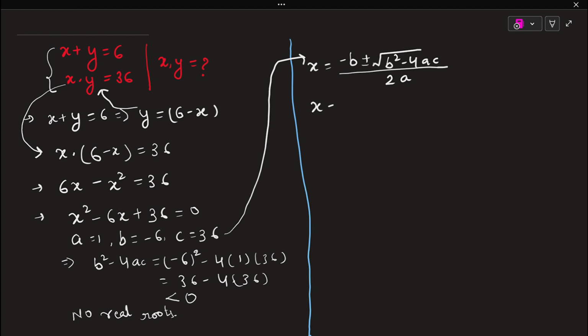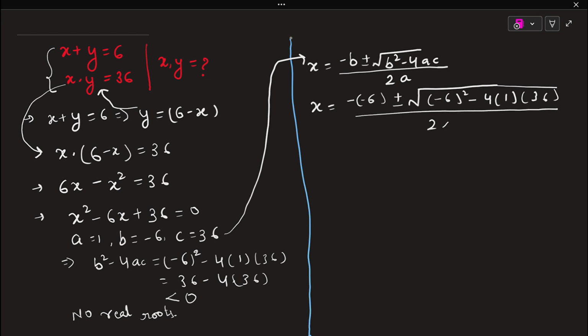So x equals minus b, that becomes 6 plus minus square root of minus 6 squared minus 4, a is 1, c is 36, upon 2a, 2 into 1. So this becomes 6 plus minus square root of 36 minus 4 into 36, upon 2.